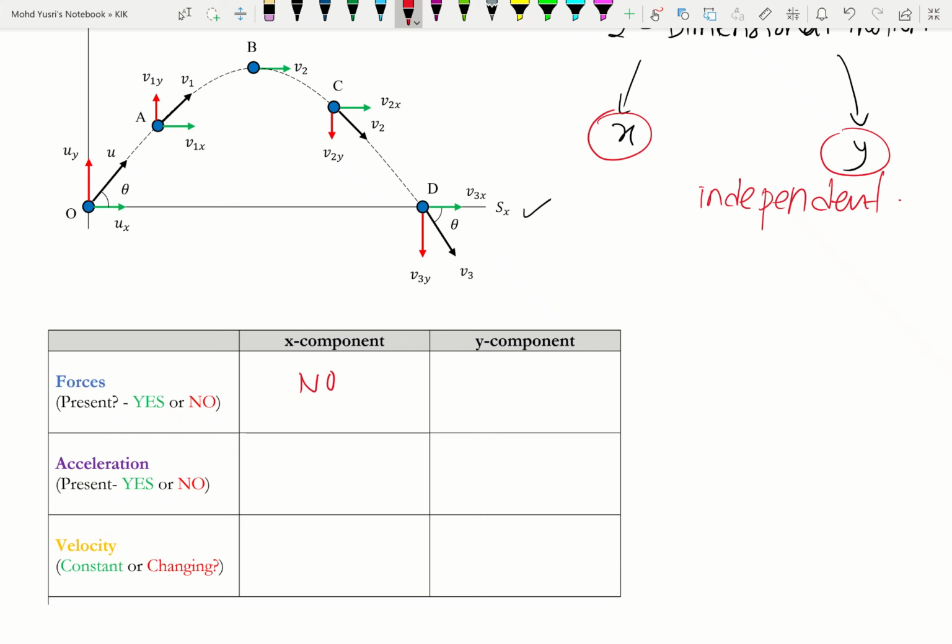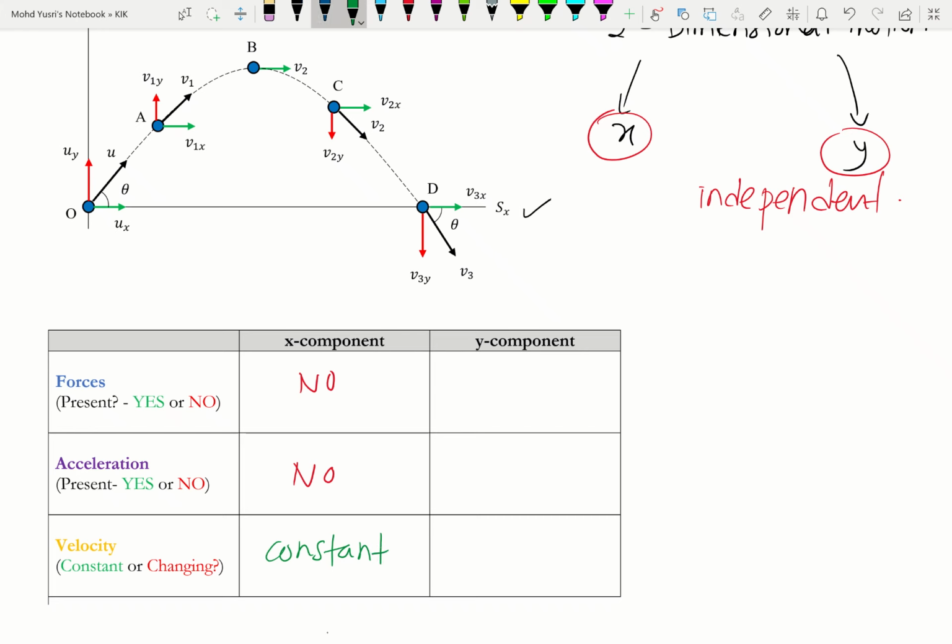Since there is no force, the acceleration is also zero. Sum of F is equal to ma. The net force is equal to zero. Hence, the acceleration must also be equal to zero. If the acceleration is zero, therefore the velocity is constant.